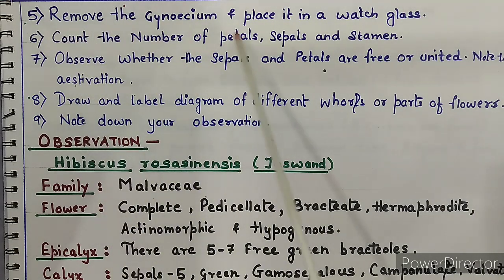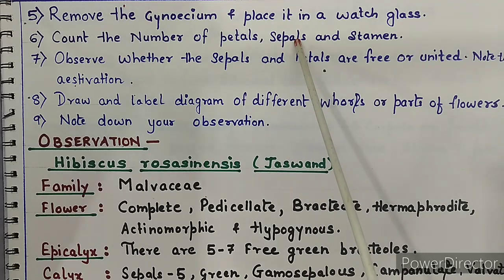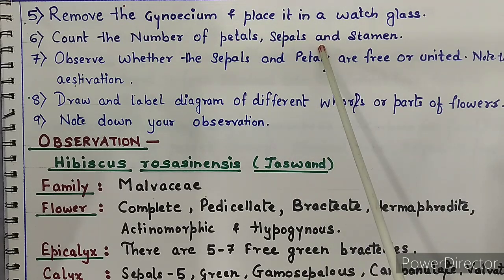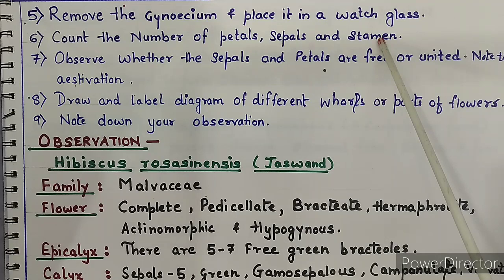Next, count the number of petals and sepals present in the flower, and very slowly and gradually remove the stamens. There are many stamens in the hibiscus flower. You have to remove them slowly and gradually.